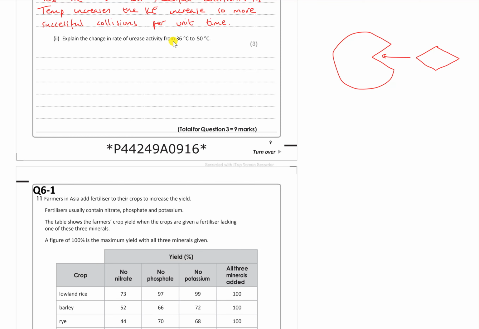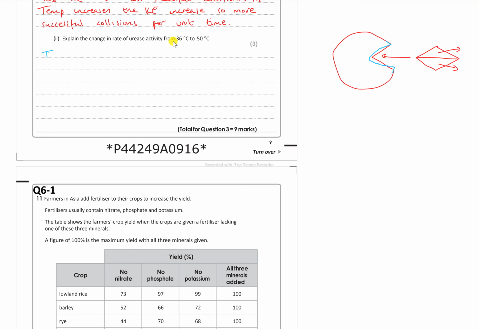A reaction takes place, your product forms, and then it disappears. As the temperature goes up, this changes shape like this. Now that's not going to fit in. It'll half fit in, so the rate of reaction goes down. So that's what we need to write.